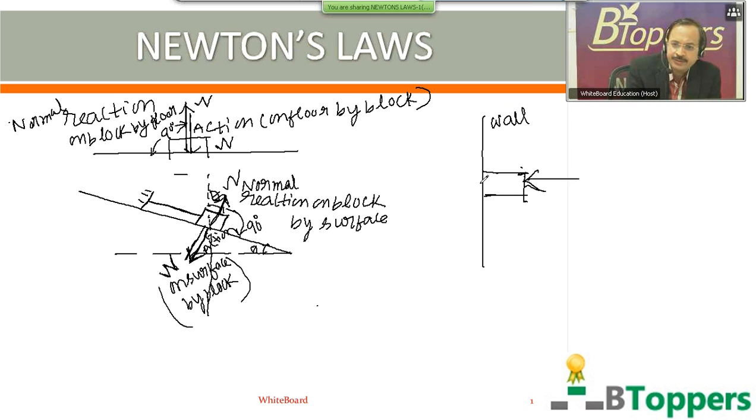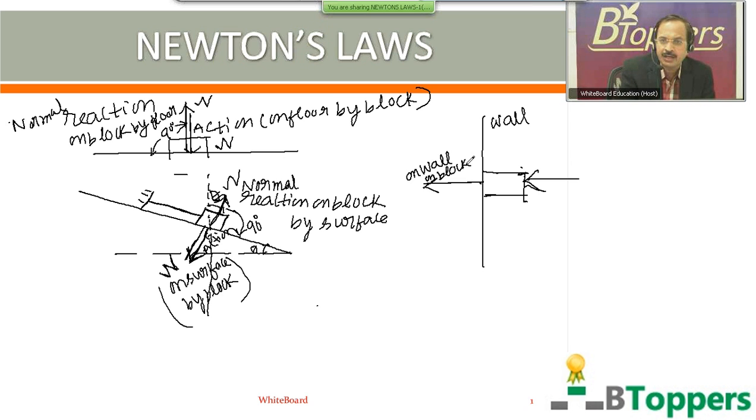The horizontal force exerted on the wall by the block acts perpendicular to the surface of the wall and directed toward the wall. So the block presses the surface of the wall towards left. So we can say that the block exerts a force on the surface of the wall towards left.